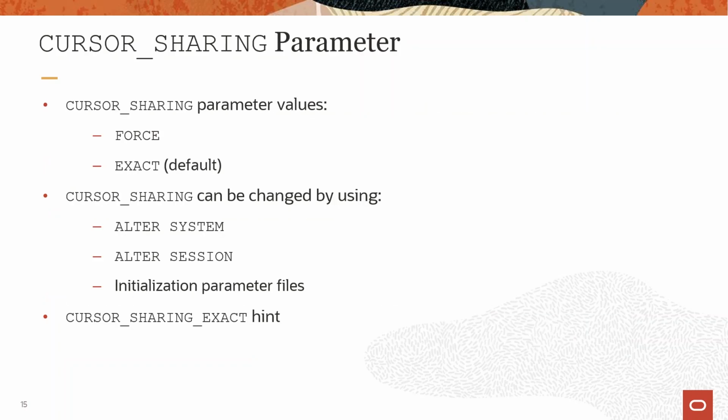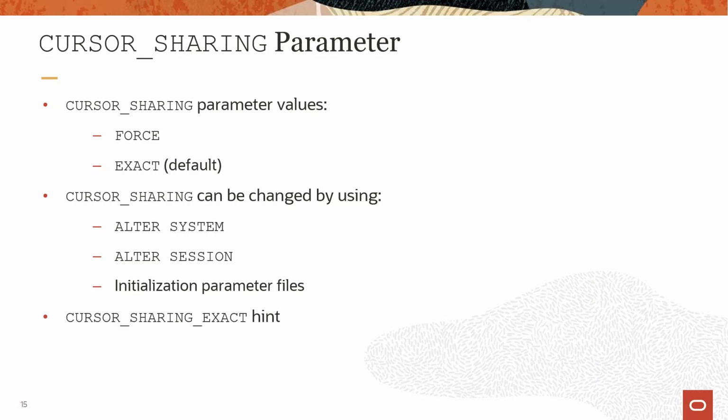How can we influence cursor sharing? Well, you can do that by means of the cursor_sharing parameter, which accepts values force and exact, with exact being the default. That cursor_sharing parameter can be changed with an alter system command, or can be changed only for your session, and can also be set in the initialization parameter files, which are used, for instance, to start up the database environment.